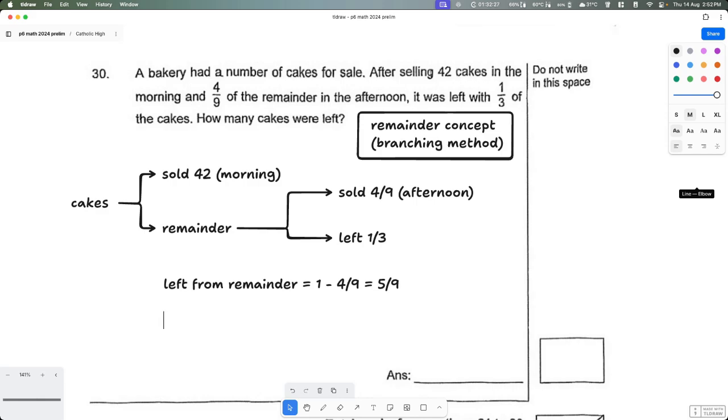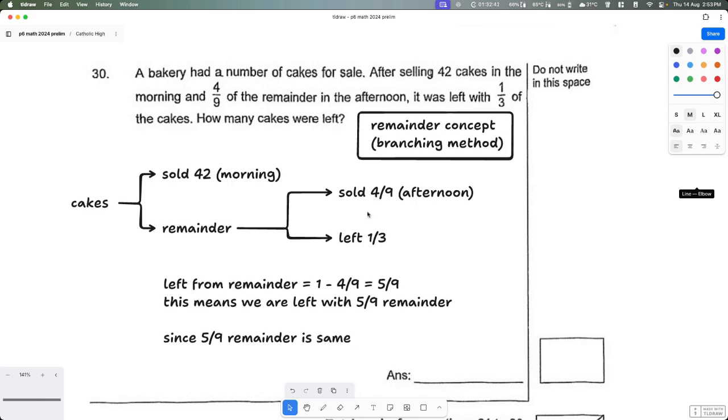So this means we are left with 5 ninth of the remainder. And since 5 9 remainder is the same as one third of all cakes.